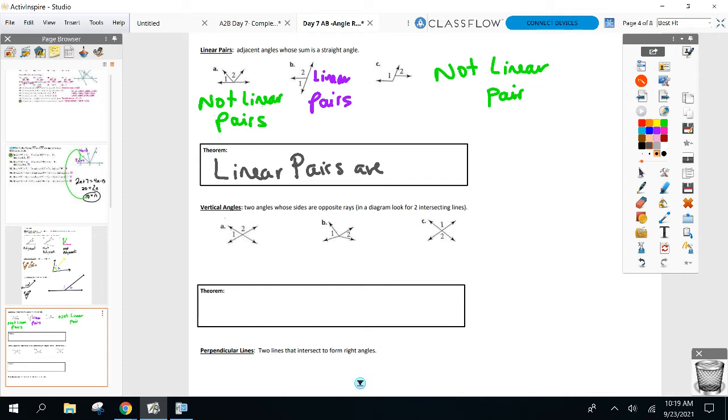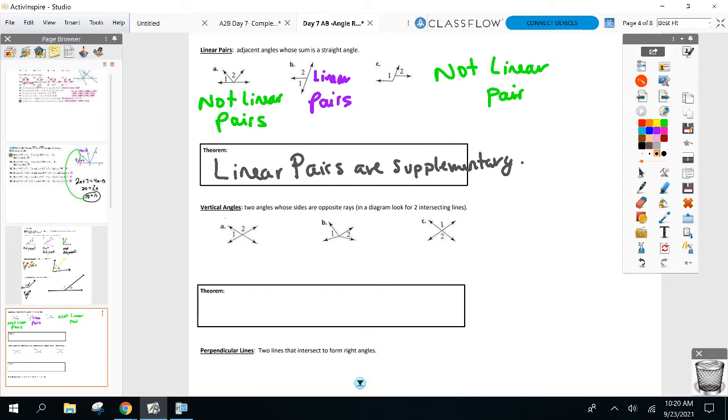Lisa, what else do you know? They add up to 180, don't they? So instead of saying they add to 180, let's use the vocabulary term. Lisa, one more time. They're supplementary. Linear pairs are supplementary. There's your first geometrical fact of the year, that a linear pair are supplementary.